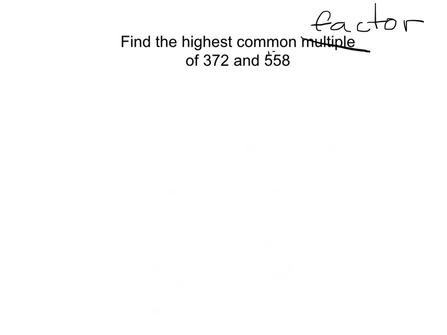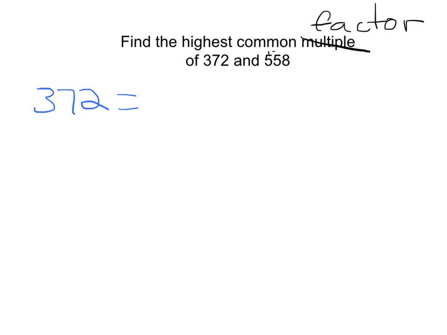For this one, find the highest common factor for 372 and 558. Not an easy thing to do, but we're going to have a go now. I'm going to use a bit of division to help me, and specifically I'm looking to halve. I'm going to keep dividing by 2. So we've got 372.